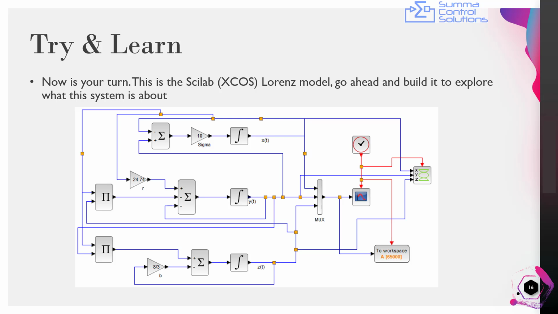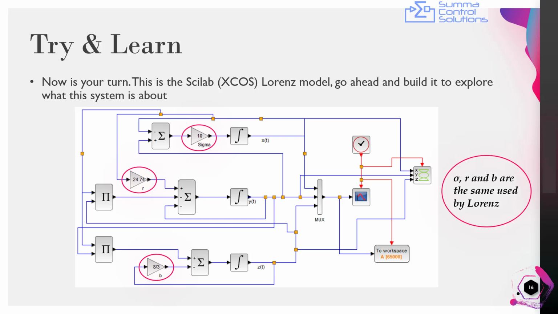And finally, for you to try and learn, this is the circuit that was created from the differential equations in the Lorenz paper. The values of sigma, r, and b are the same as he used in his paper.